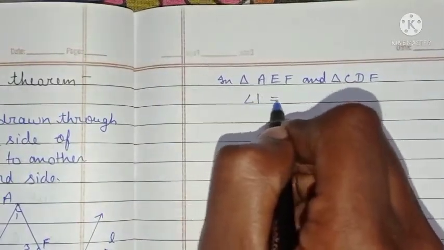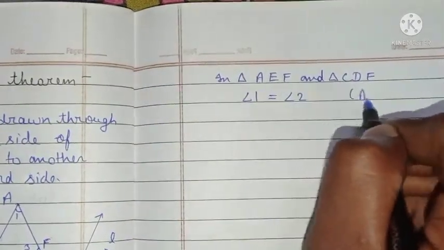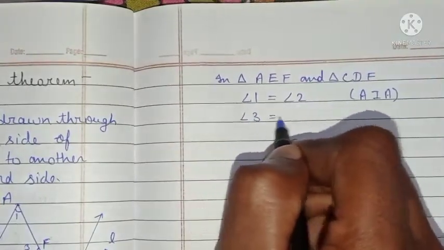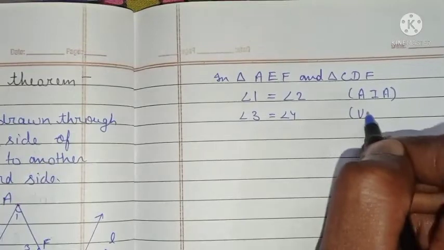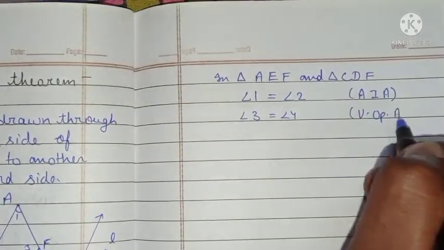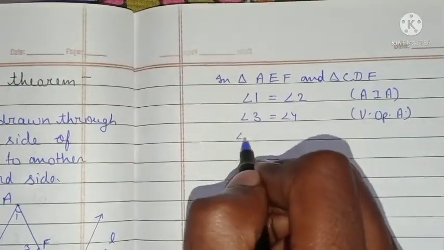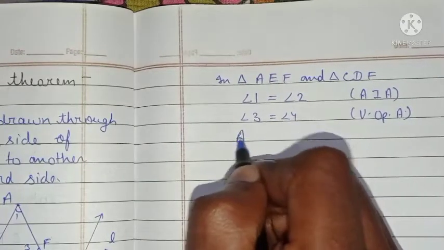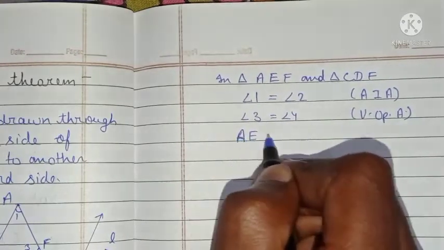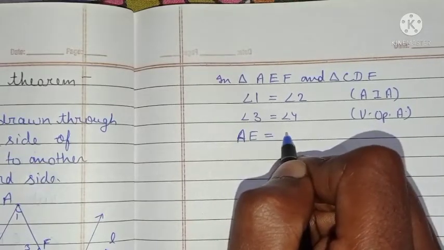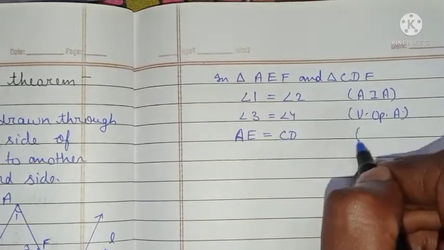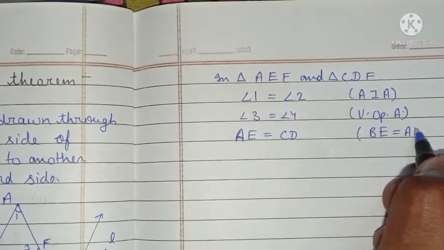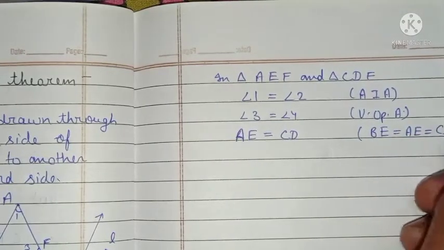Angle 1 equals angle 2, alternate interior angles. Angle 3 equals angle 4, vertically opposite angles. And side AE equals CD, because AE equals BE equals CD.